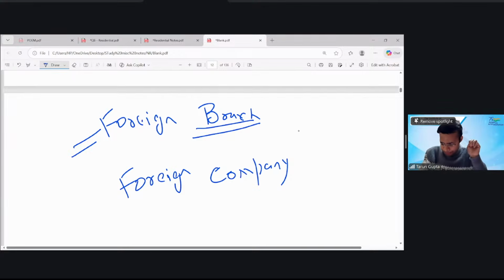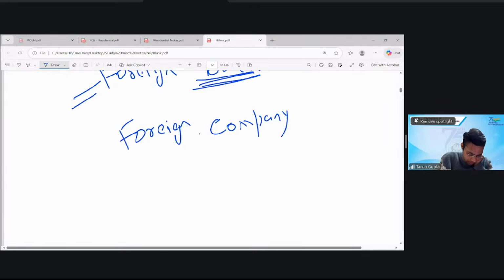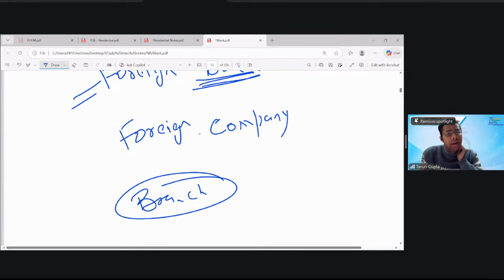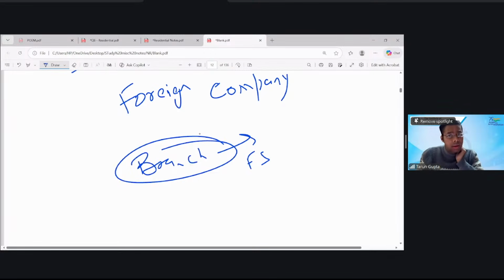Whatever income the branch earns in Singapore will be consolidated into the Indian company's financials and will be taxable in India, because the Indian company is resident in India.